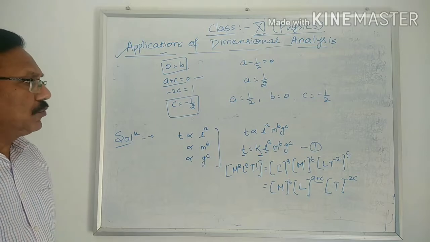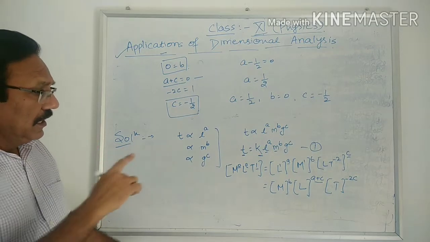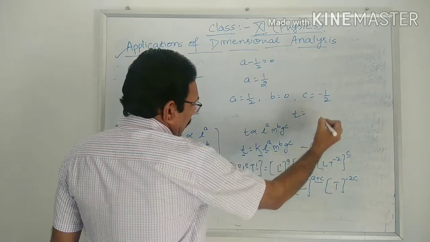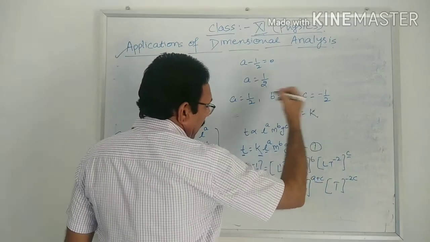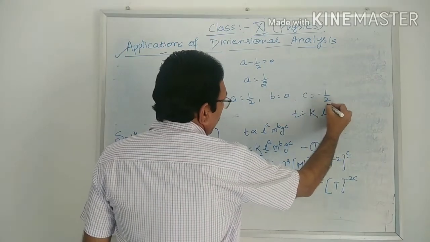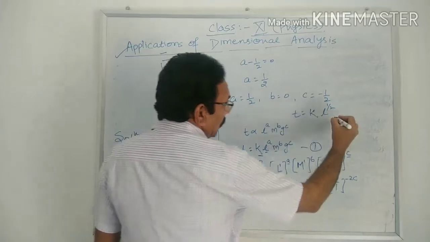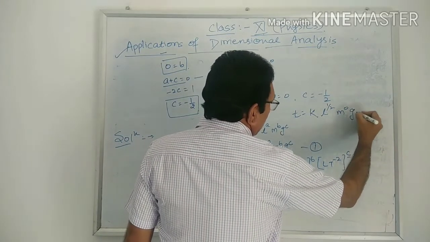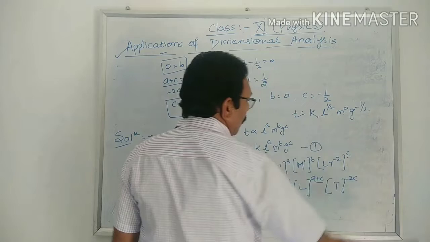On placing the values of A, B and C in equation 1, we obtain T equal to K L raised to power 1 upon 2, M raised to power 0 and G raised to power minus 1 upon 2.